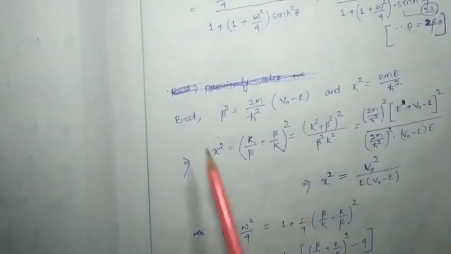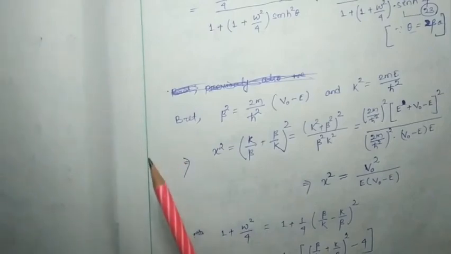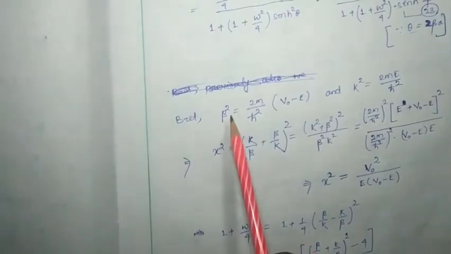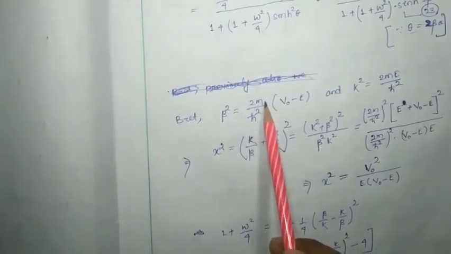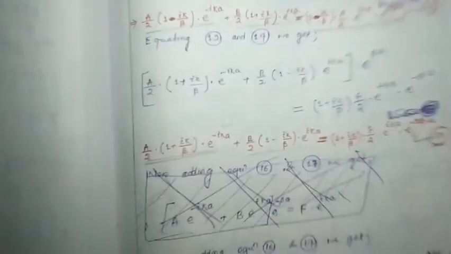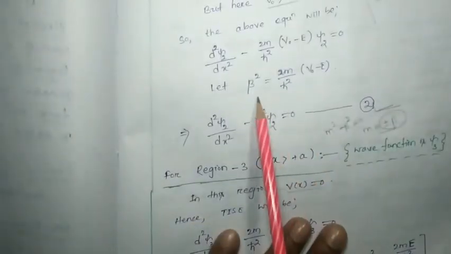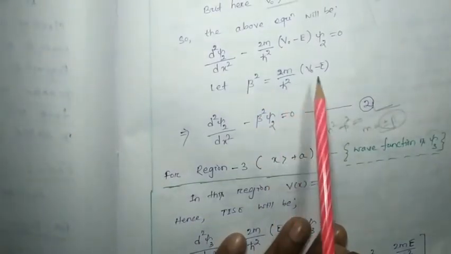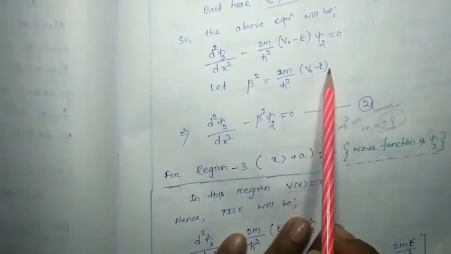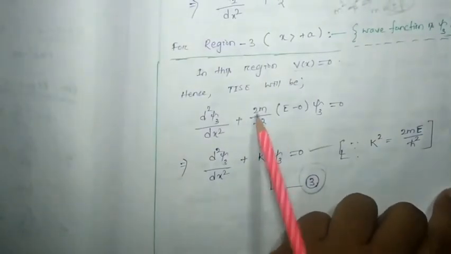Now we considered from the very beginning that β² is nothing but 2m/ħ² (V0 − E). You can search your notes at the very beginning. We considered β² = 2m/ħ² (V0 − E), and k² we considered as 2mE/ħ².